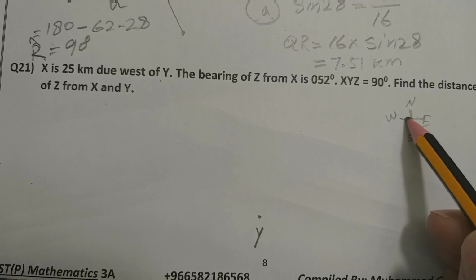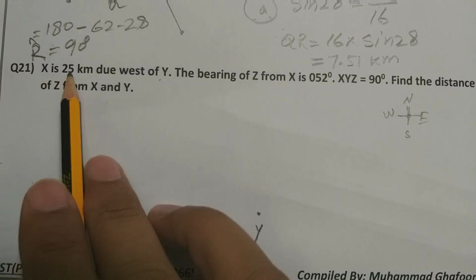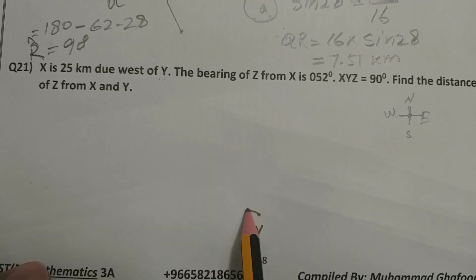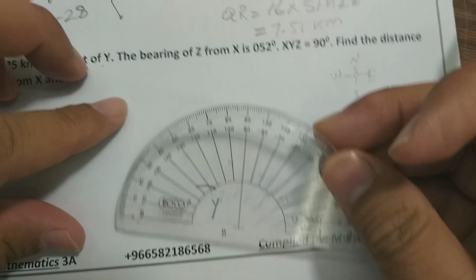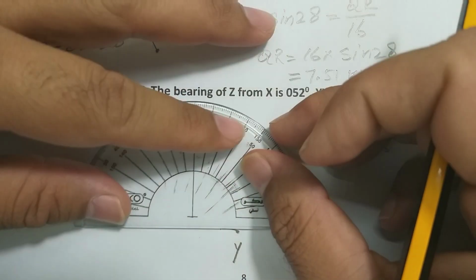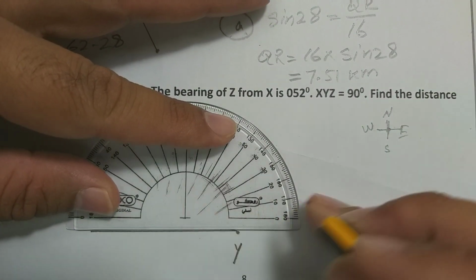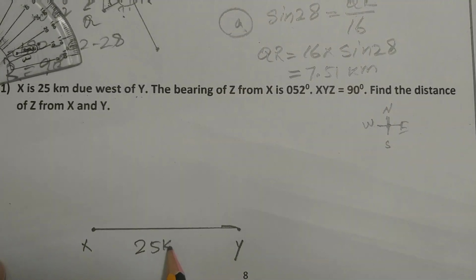So he said X is 25 kilometers due west of Y. According to this point, this side is called the west. Let's suppose we draw the line straight towards the west. So this is the point, which is X, which is 25 kilometers.